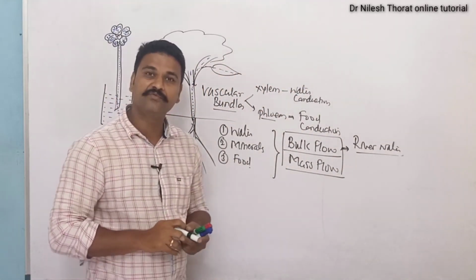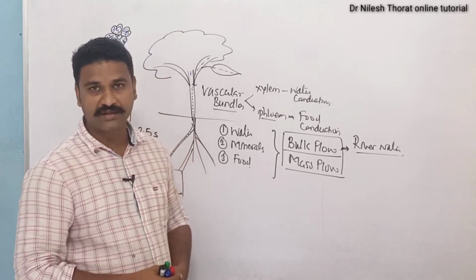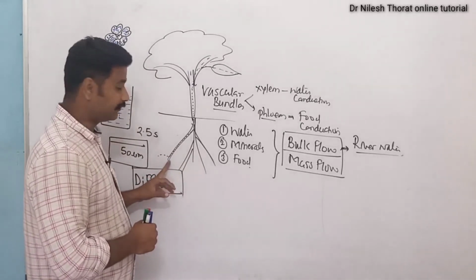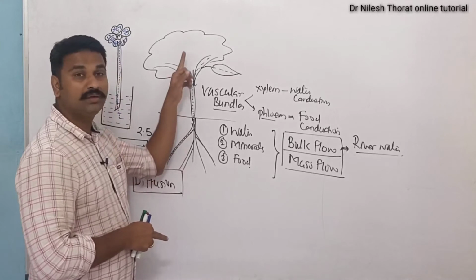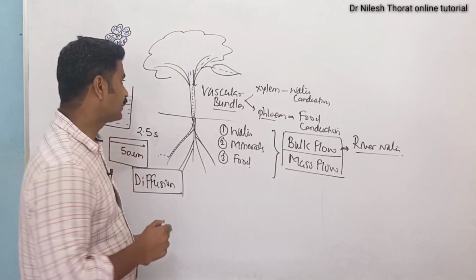The substances will move in bulk quantity, and the process in which water is transported along the vascular bundle from root to the tip is called translocation.